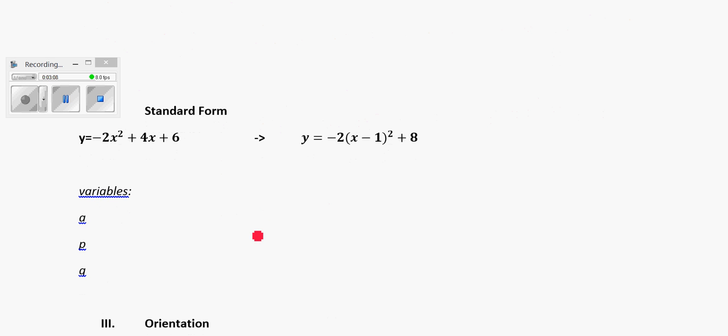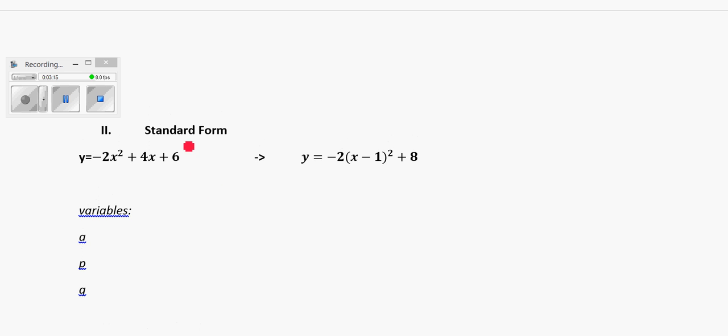Okay, so going on to the next page, there's a couple different forms that an equation could be written in. We've got standard form that looks something like this. And then this form here is what we're going to be working with most of the time in this lesson. And that's called either vertex or general form.